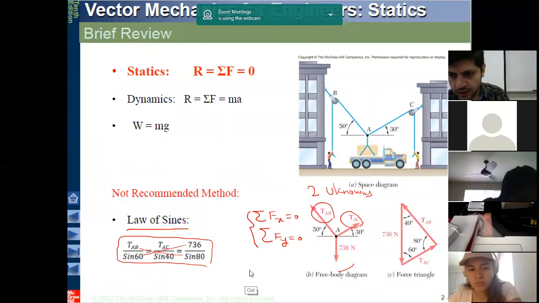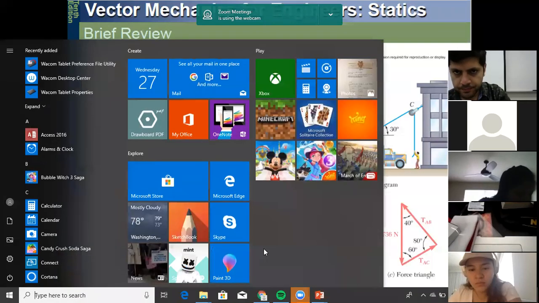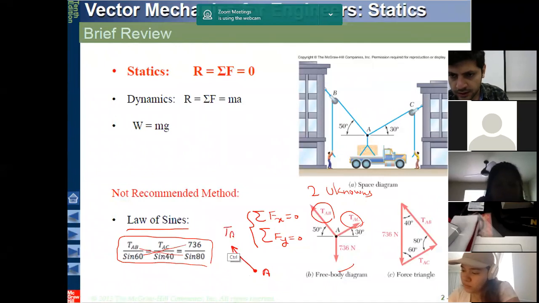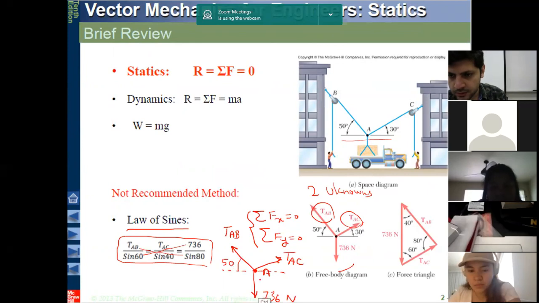So if you have point A here, and this is TAB, I'm going to draw the horizontal line like what we have in the original problem. And then I have 50 degrees here. I also have a 736 Newton force here.